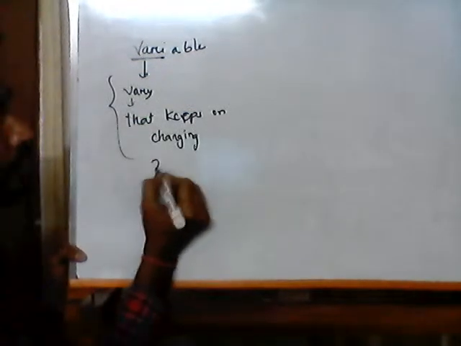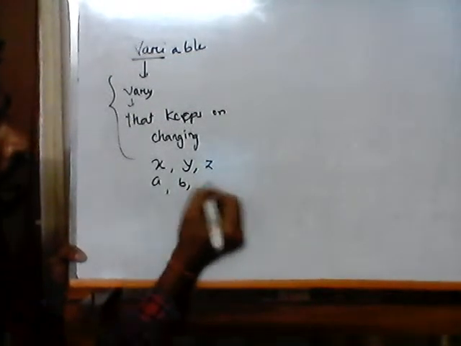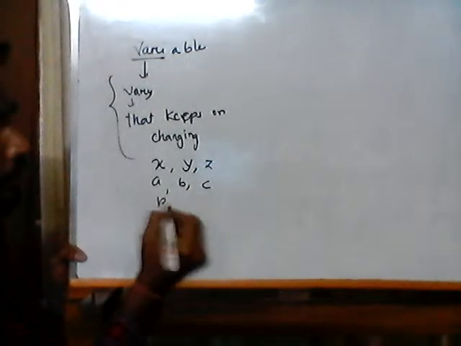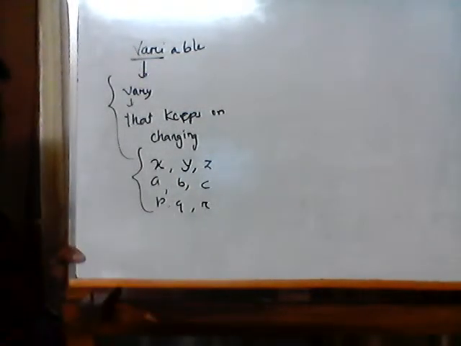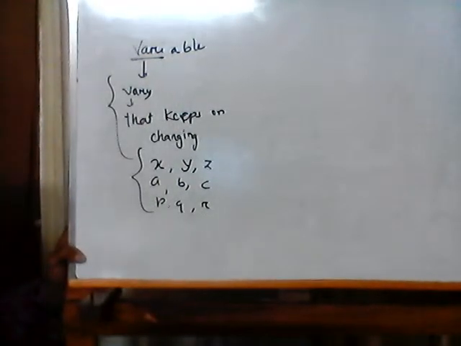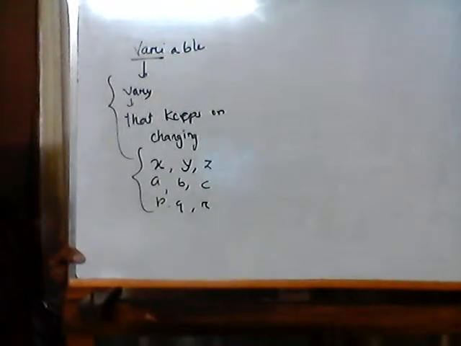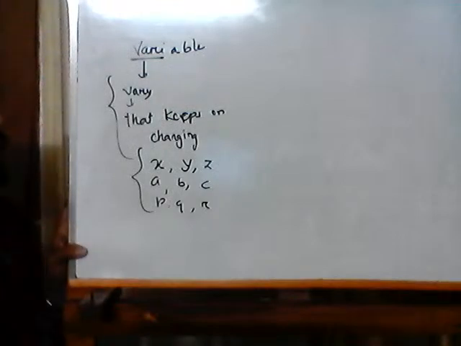Usually the literal numbers like x, y, z that we use in algebra, a, b, c, P, Q, R. You have seen all these literal numbers in the section called algebra in mathematics. There we use these variables. So now I think you all are clear with constants and variables. Okay. So let me proceed with equation.